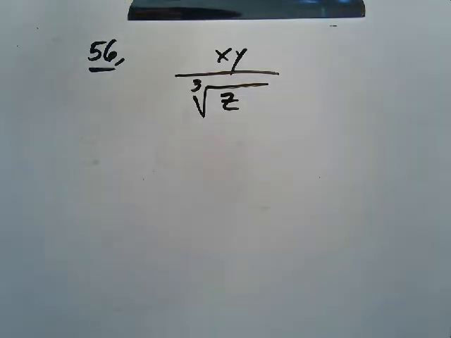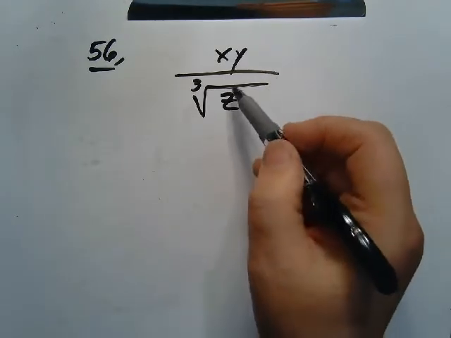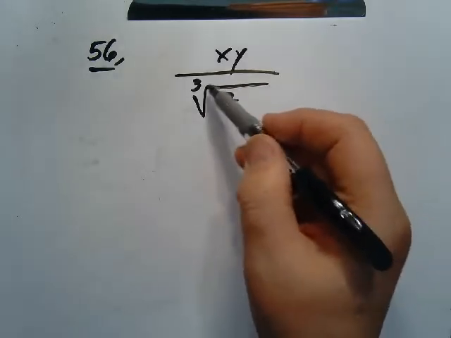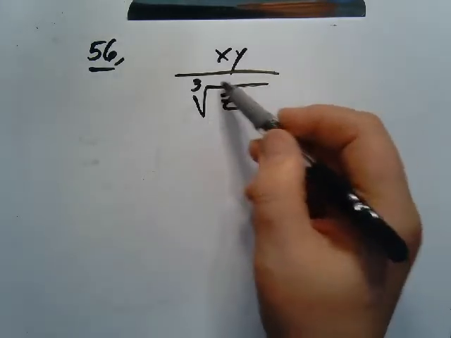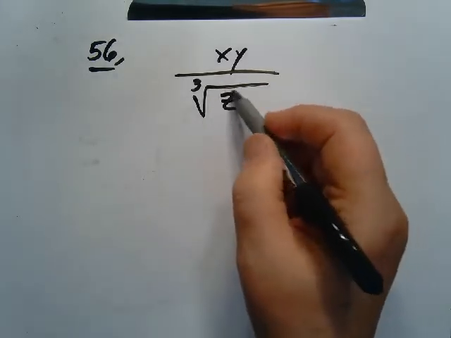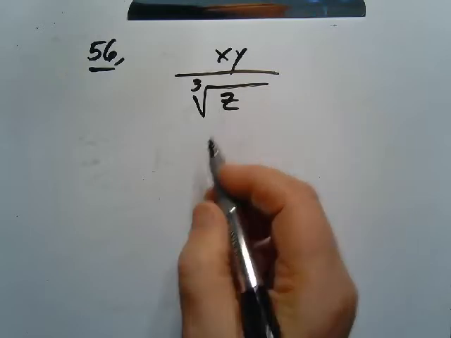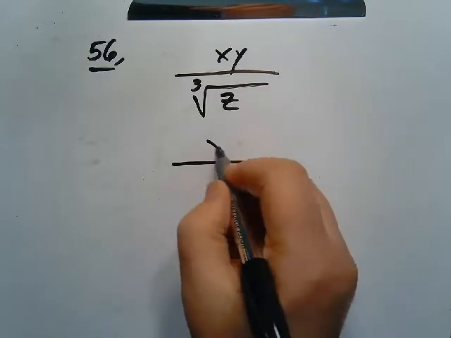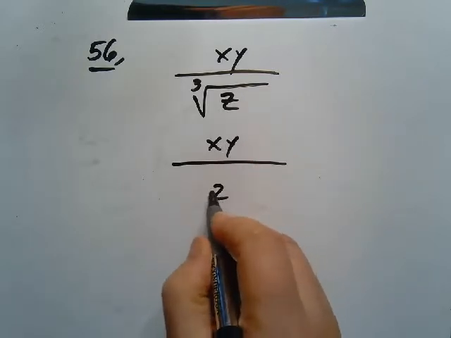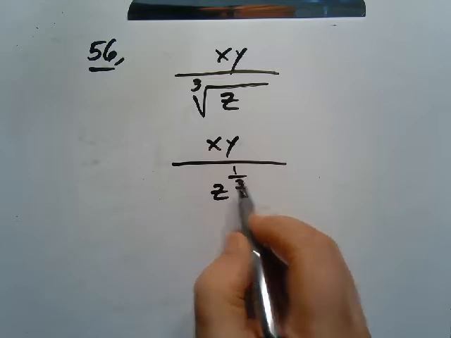All right, here's a problem like the last one, but it's actually written in different form here. If I write this in the denominator, it's a radical in the denominator and that's not allowed. If I write this as a fractional exponent, it would be z to the 1/3.